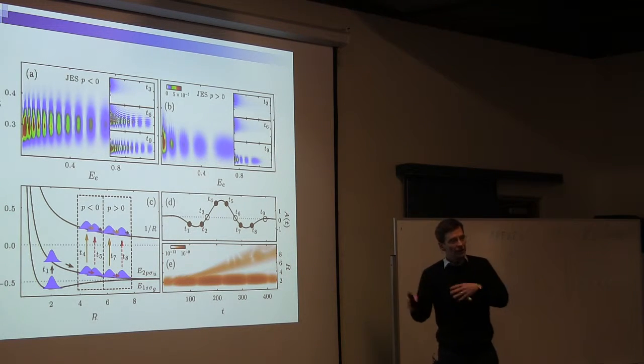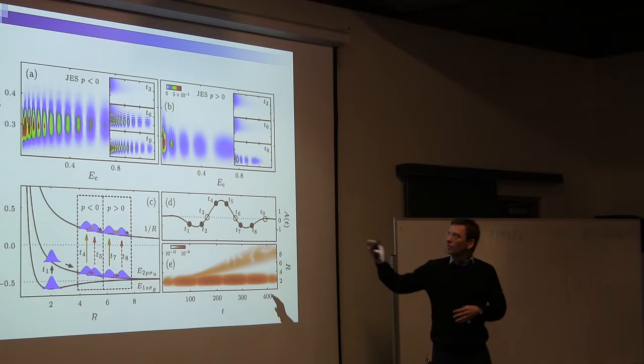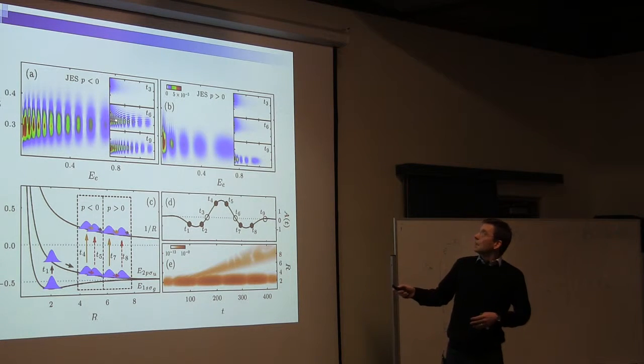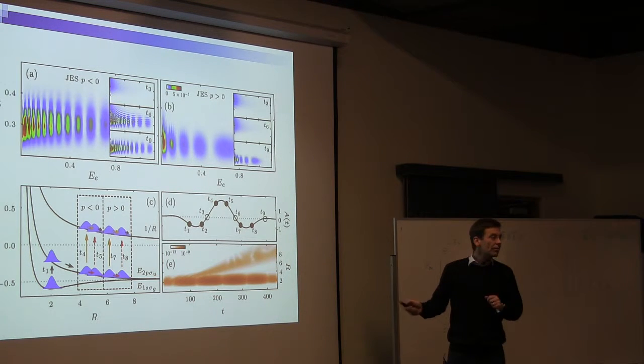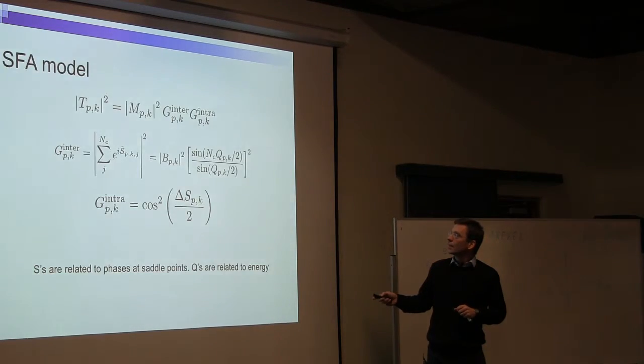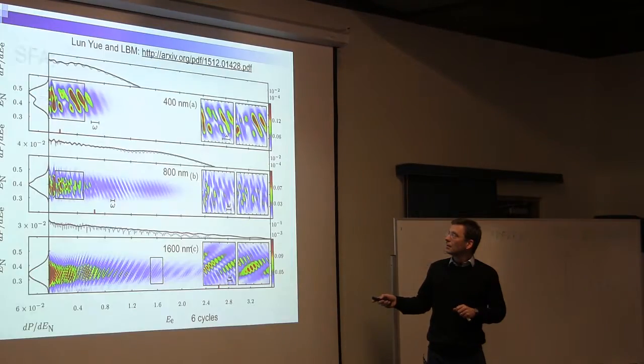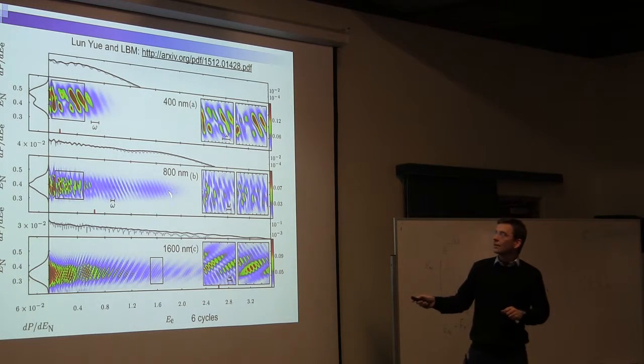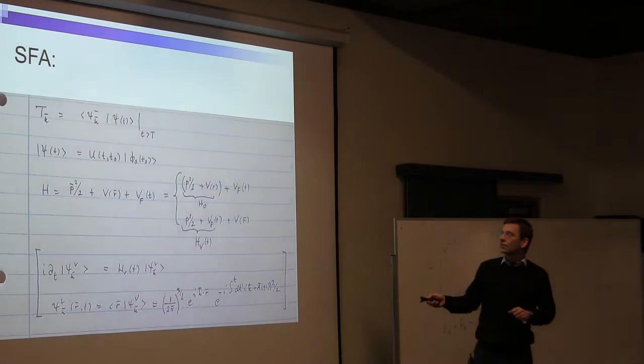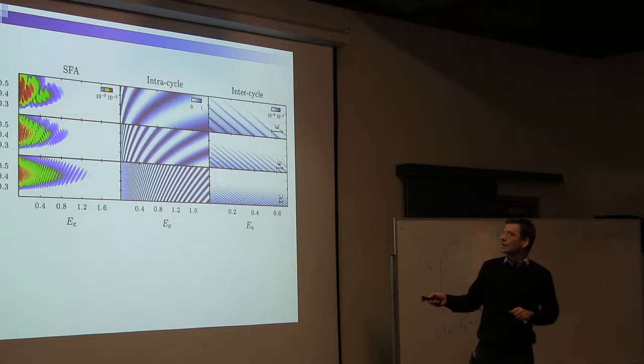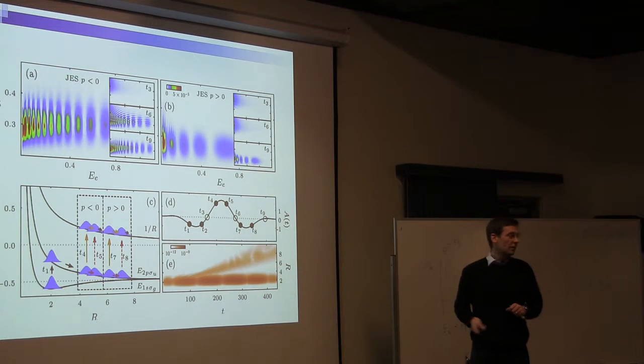The only thing I did here was that I decreased the intensity a little bit. This is also 800 nanometers. At higher intensity, I got this result here, and now I decrease the intensity a little bit, and then suddenly I get this result.